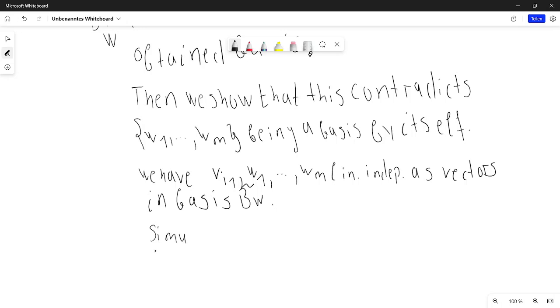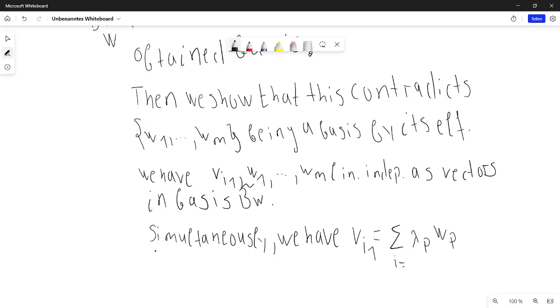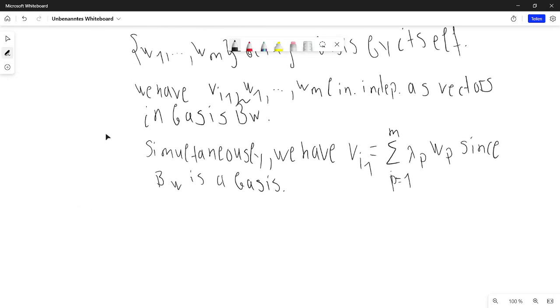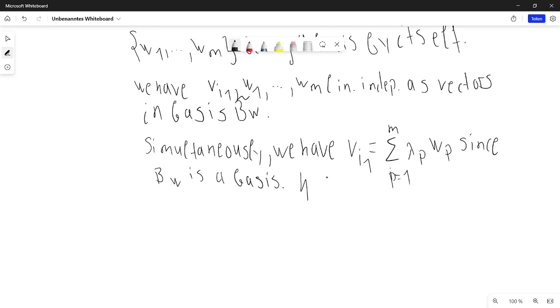Simultaneously we have EI1 is equal to lambda p w p, I1 p colon 2 n, since w is a basis. Contradiction.